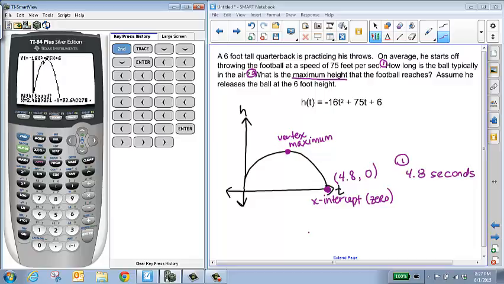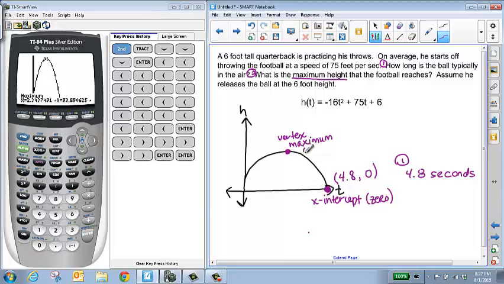Then we can hit the right arrow key 3 times to set the right bound and hit enter. Now when it says guess, remember we have to hit enter one more time, like so. And then the calculator gives us a coordinate of 2.3, comma, 93.9, again, if we're rounding to the nearest tenth.